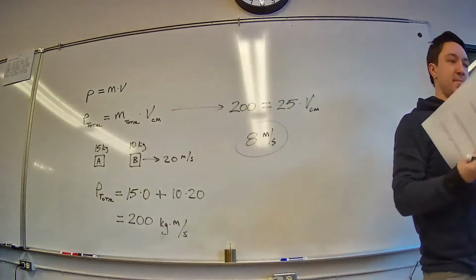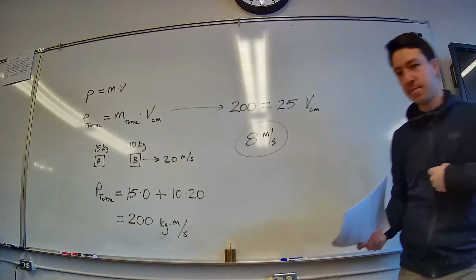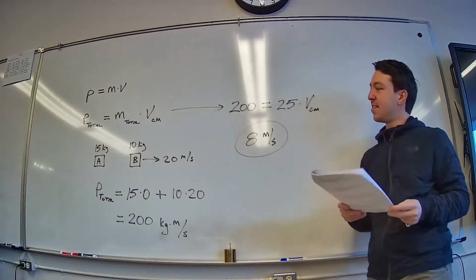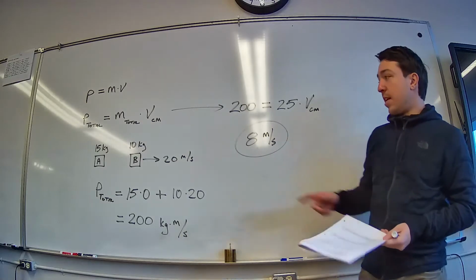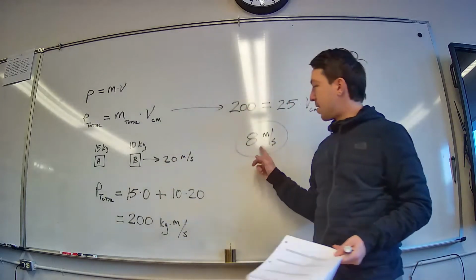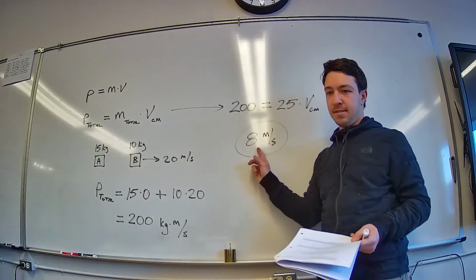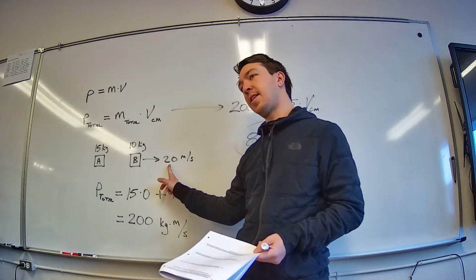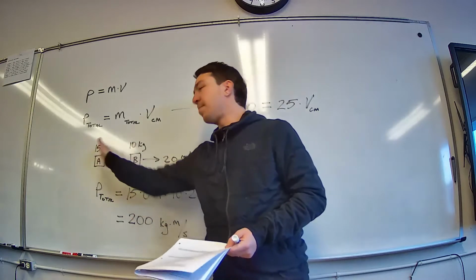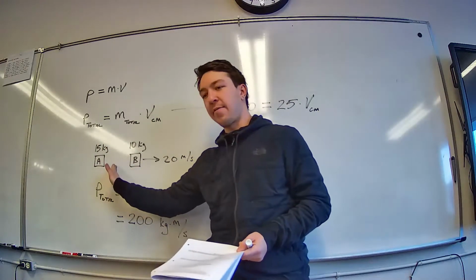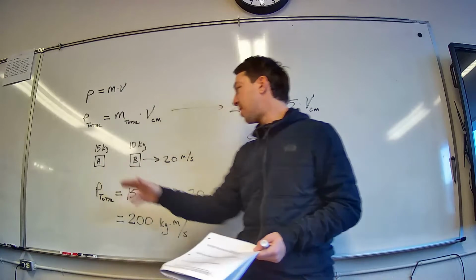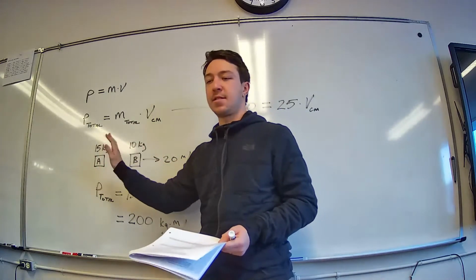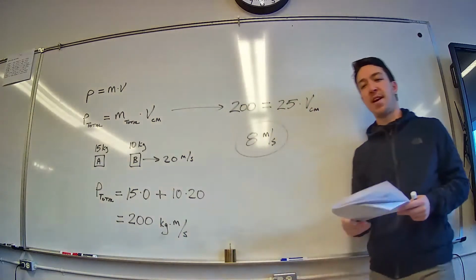Pretty painless, yes, exactly. Now why is this less than 10? Because this is 20, so you might reason that if these were the same mass, the center of mass would be halfway, so 10 meters per second, but since he's heavier, that biases the center of mass towards that block.